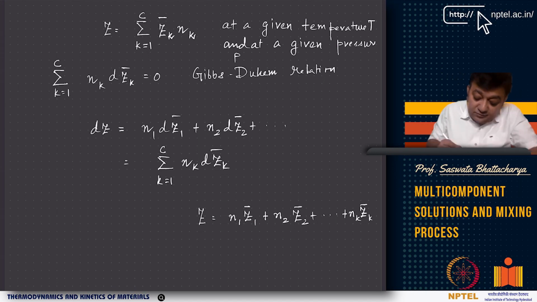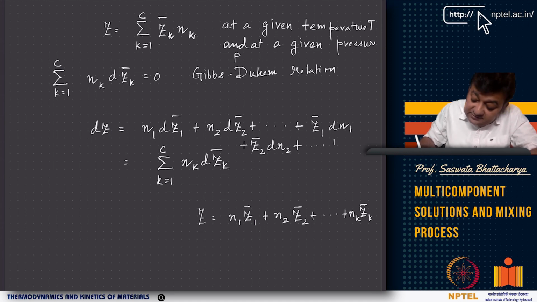Now if you look at dz, dz is N1 dz1 bar plus N2 dz2 bar, and so on, and this part you have to remember, you also have Z1 bar dN1 plus Z2 bar dN2 plus ZC bar dNC.